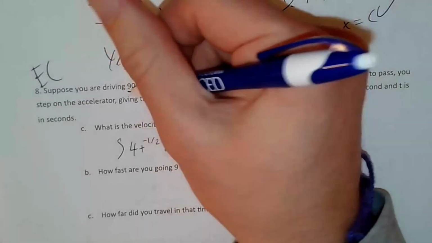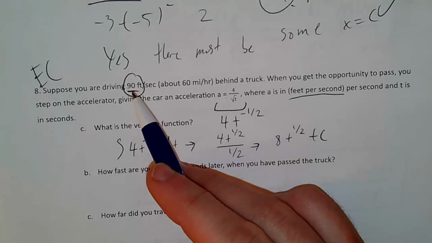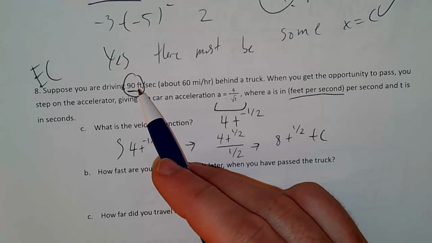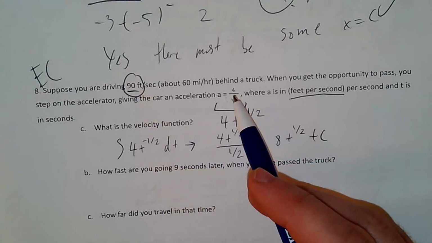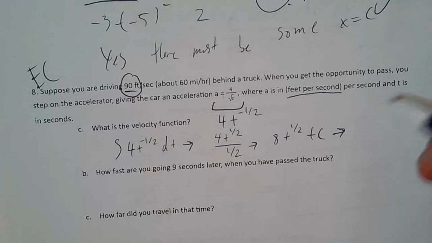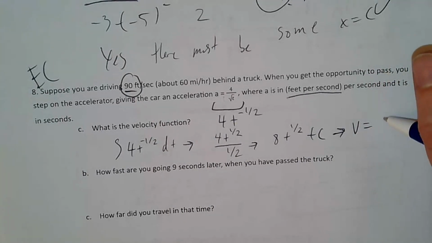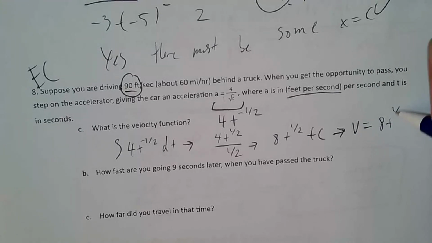But see how I was given the c because I'm already driving at 90 feet per second, and then I was given that acceleration. Therefore, my c is 90. So this becomes, we'll call this whatever, v equals 8t to the 1/2 plus 90.